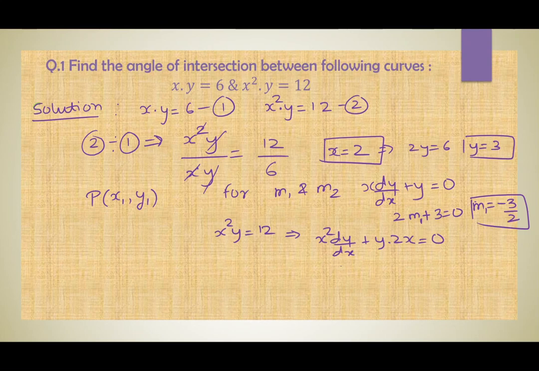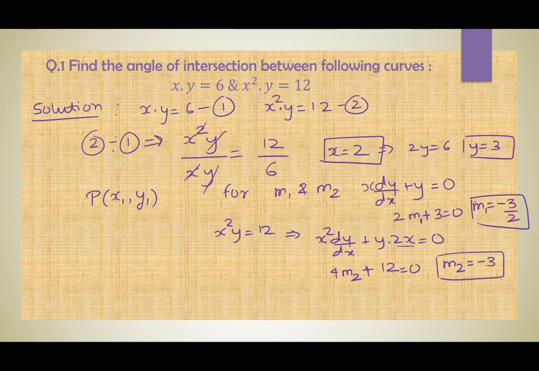Again, the point of contact is the same for both the curves. It is 2 comma 3. So as soon as you substitute it, it becomes 4m2. I hope you have understood this step. Plus, this becomes 4 into 3, that is 12, and that is equal to 0. So how much is m2? m2 is coming out to be minus 3.